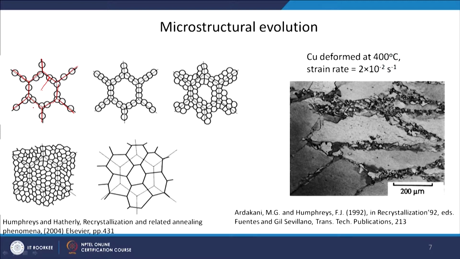And as it progresses, it will completely cover the prior high angle grain boundary, and you have a large number of equiaxed nuclei in this second image. Then it will progress within the grain, and after some time it will be able to cover the whole matrix, and then these grains also will start growing. So, there will be grain growth here after the recrystallization.